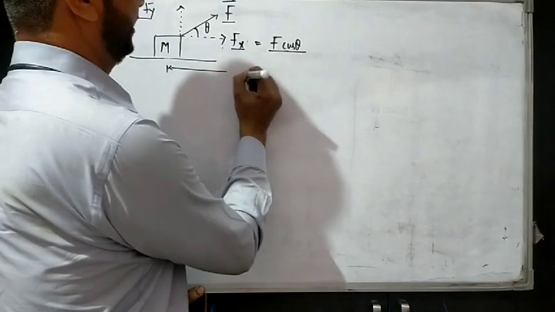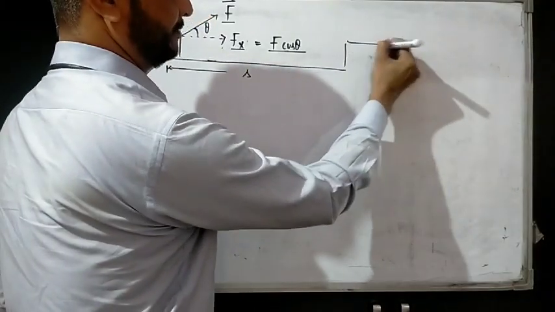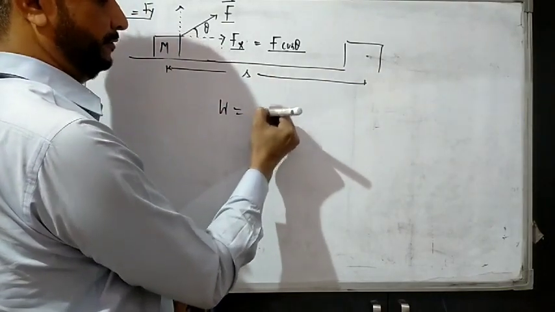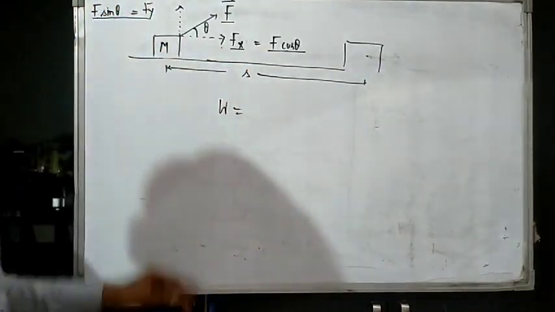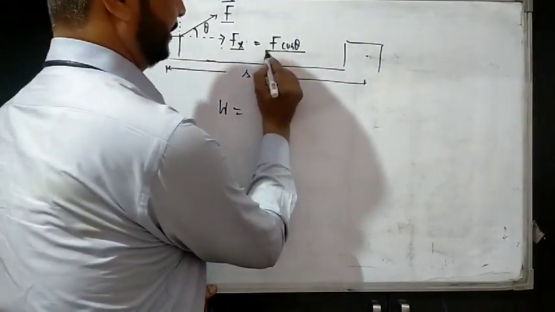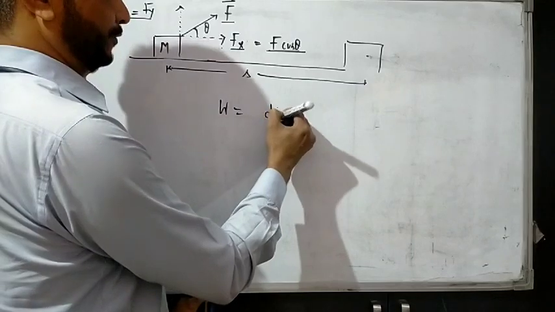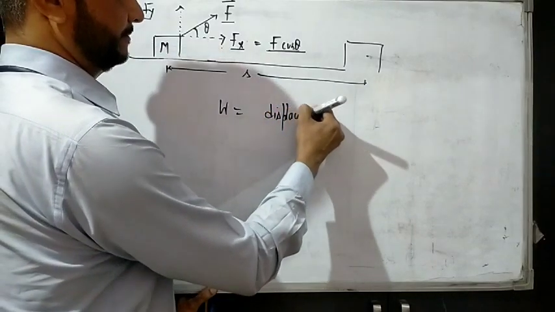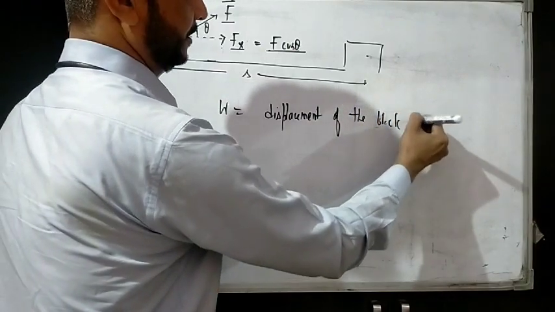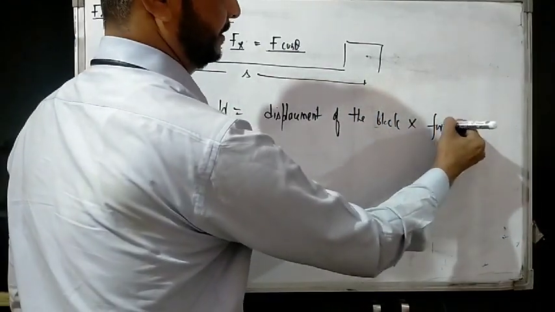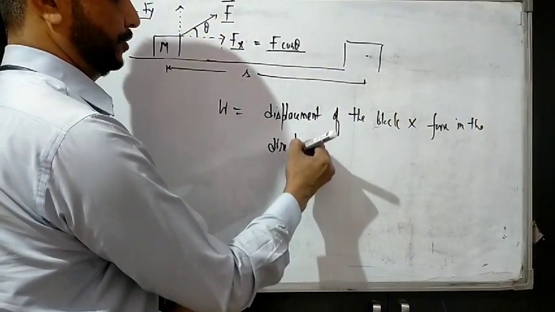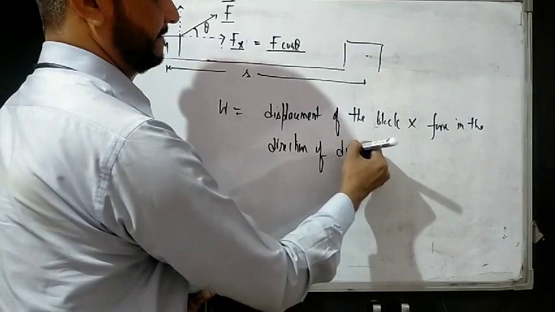That's why if in time t the block is displaced through a distance, then W is equal to, now I am going to explain this in very specific terms. My dear children, always remember one more formula for it: displacement of the block into force in the direction of displacement.